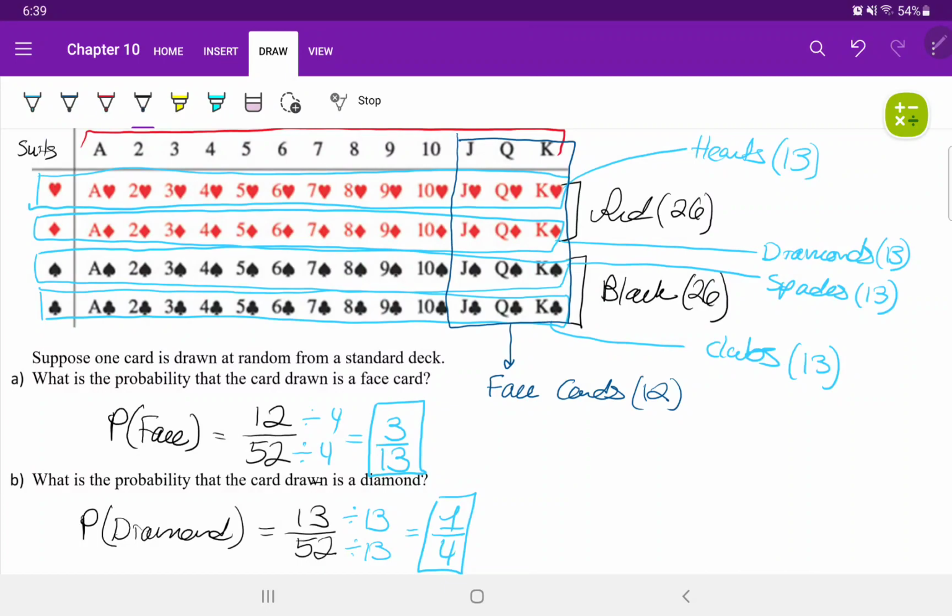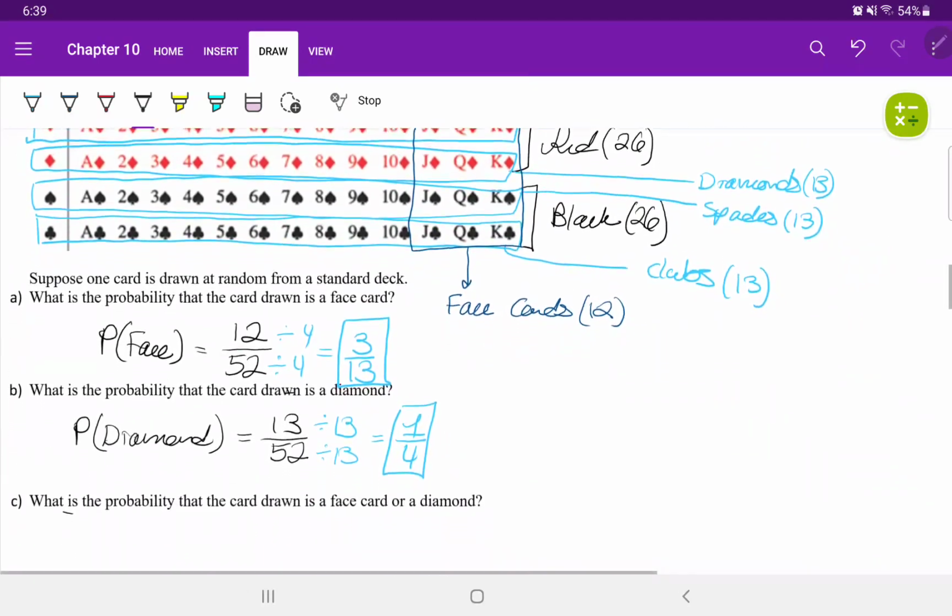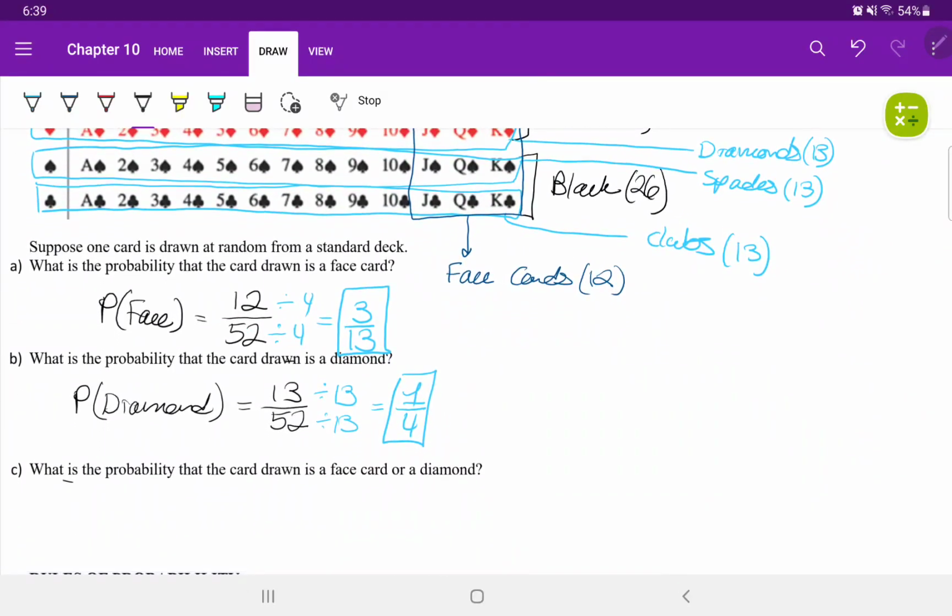This next one, I want you guys to be careful how you approach it, because it says, what is the probability the card selected is a face card or a diamond? Now, the tendency that students usually have is to add the number of face cards and the number of diamonds in a deck.